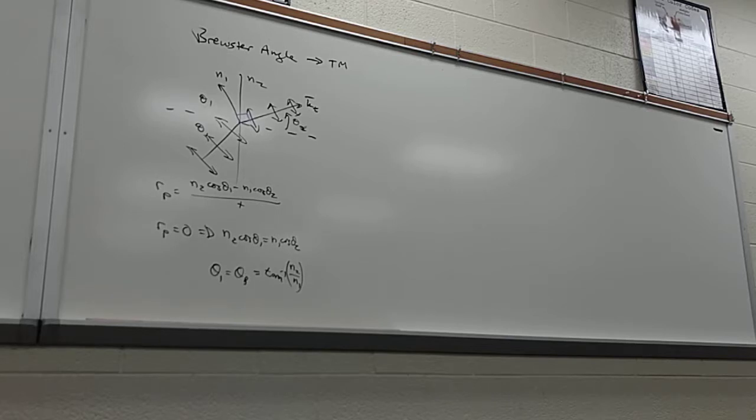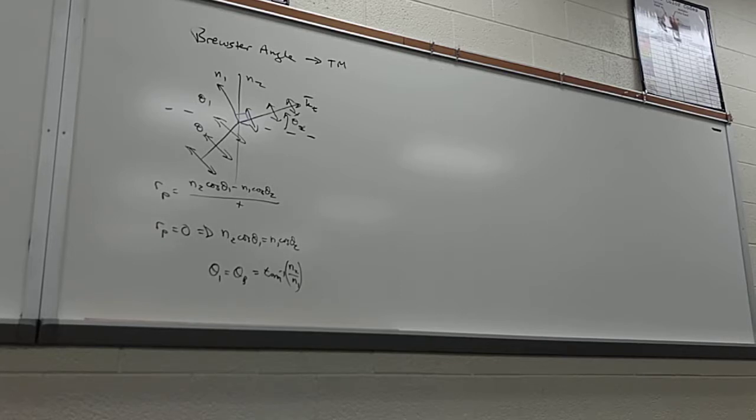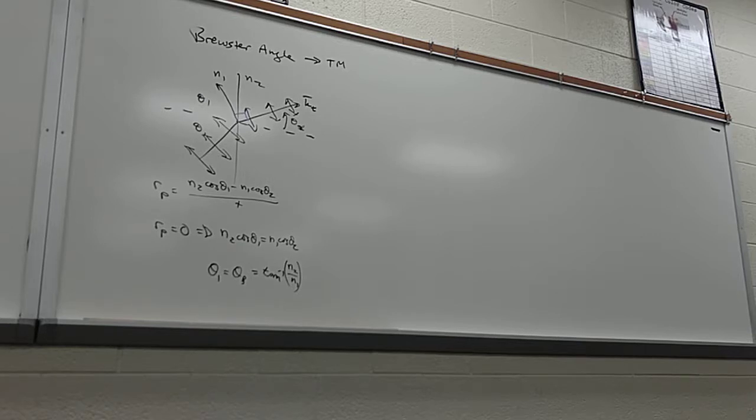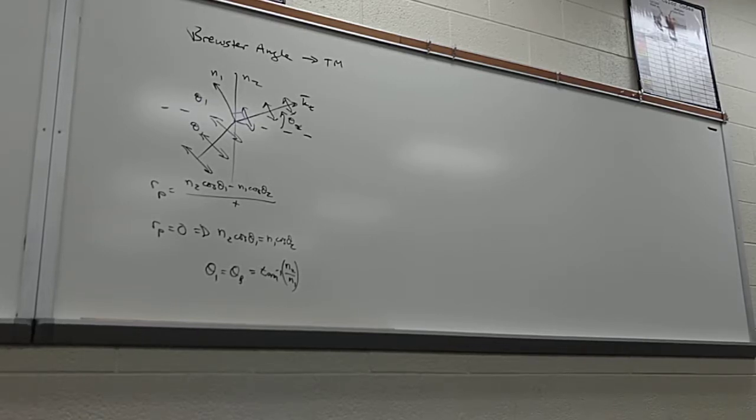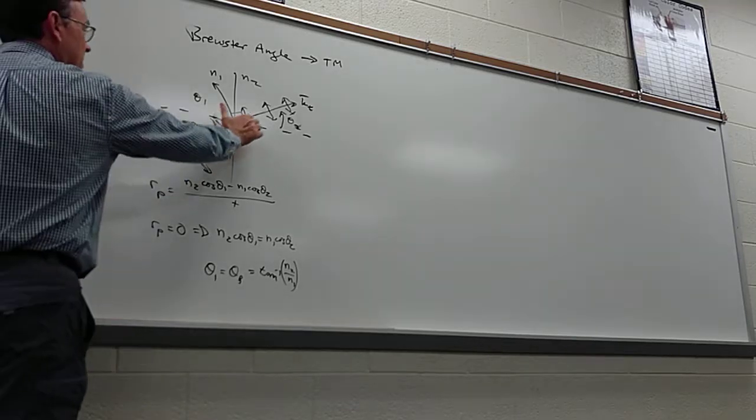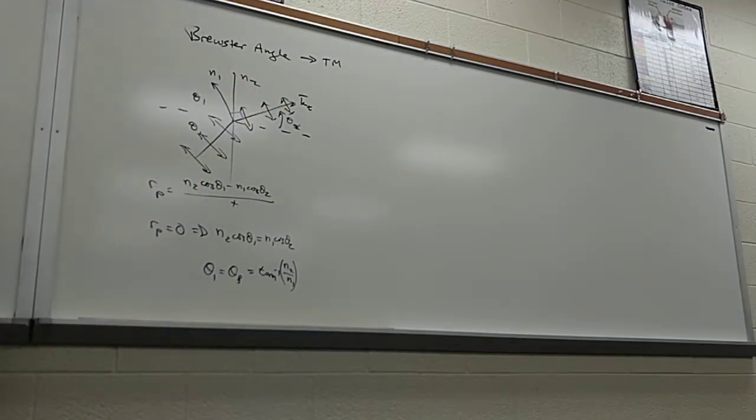Okay. So it turns out you can use that effect to make a polarizer. There's something called a pile of plates polarizer, where you just have a whole bunch of glass plates at the Brewster angle, and when you have light come in, any light that's TM just goes right through all the interfaces.